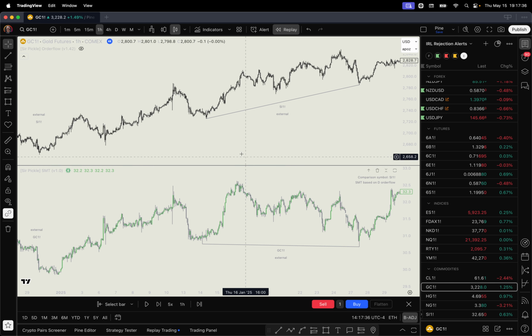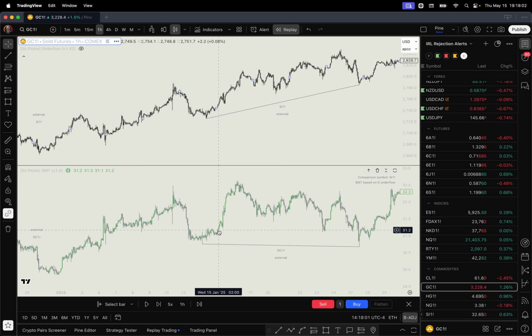So we're now on 1 hour. It is the candle that created the higher time frame point of interest. So in this case, the order flow leg low, the external SMT point of interest, was created from this candle, and here it was created from that candle. So it doesn't match exactly, but it happened within the same two higher time frame candles.